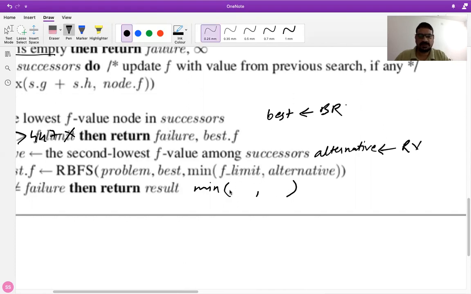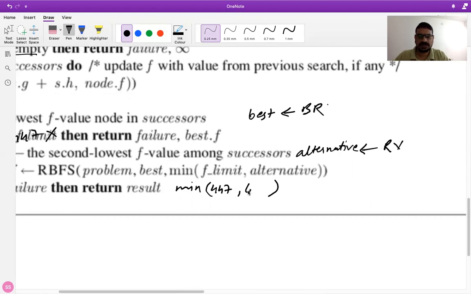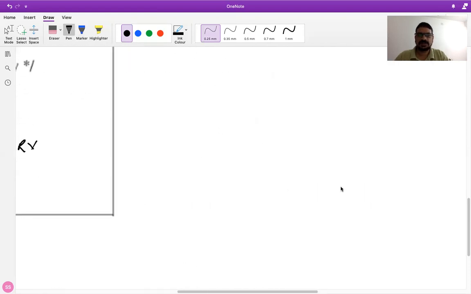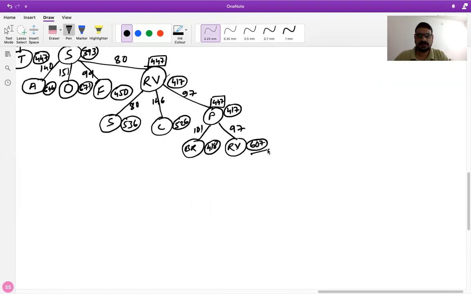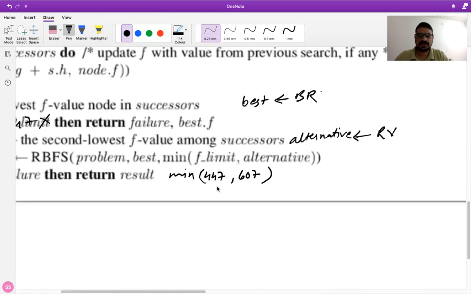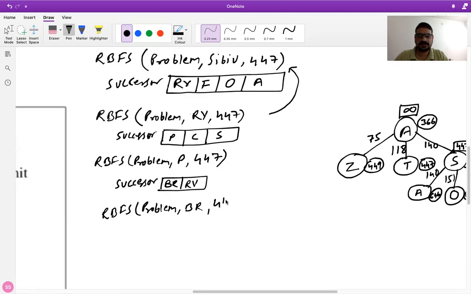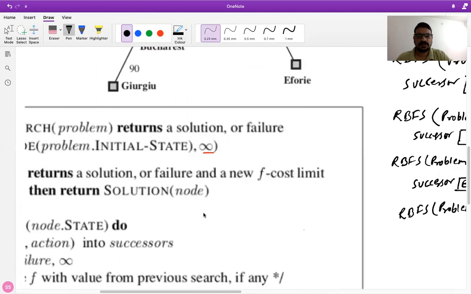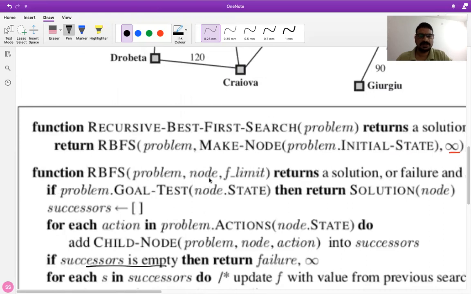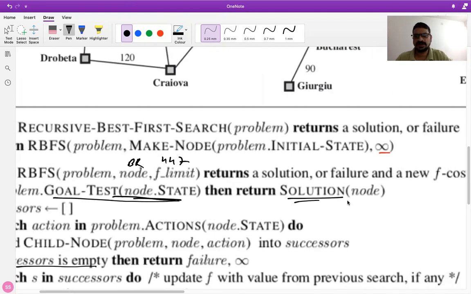The F limit was 447 previously, and the alternative F value is 607. 447 is minimum, so 447 will come here. The F limit is the same. Now we'll explore Bucharest. It is a goal. Yes, it is a goal. Then we'll return the solution.